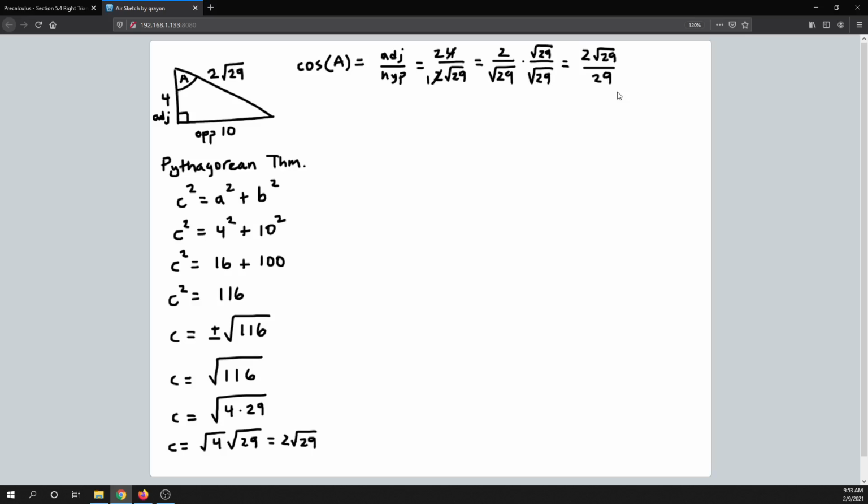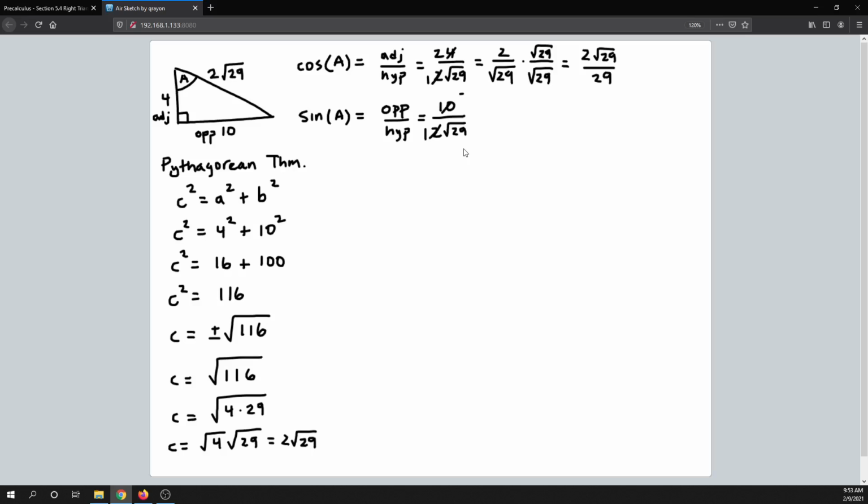All right, next one is sine. And sine is opposite over hypotenuse. The opposite for angle A is 10. The hypotenuse is 2 square root of 29. I have a common factor of 2 between the top and the bottom.